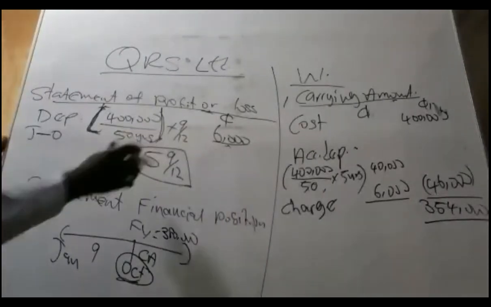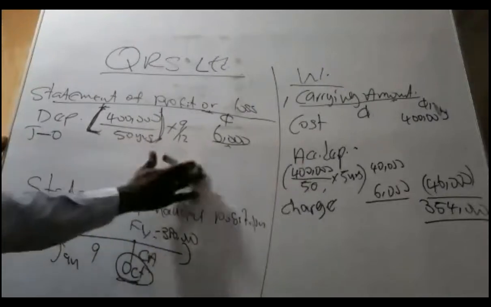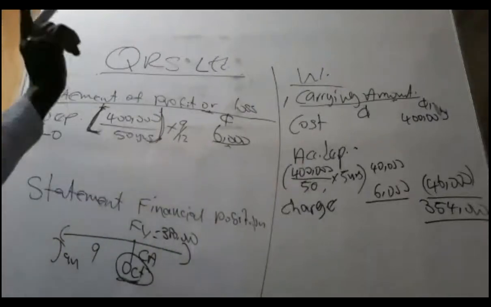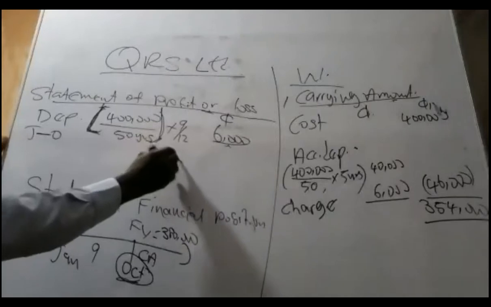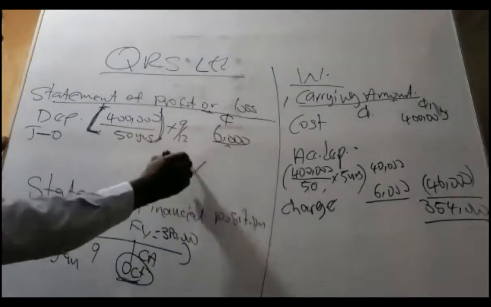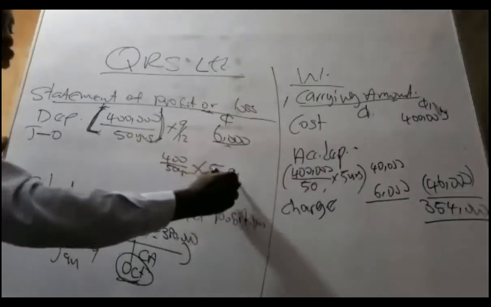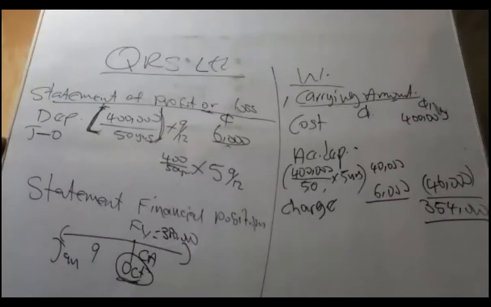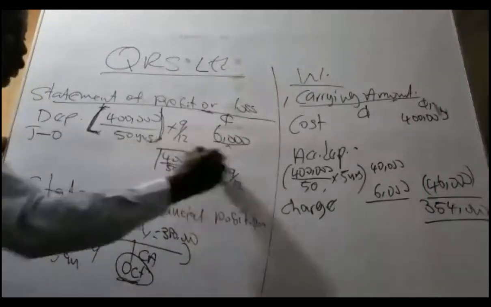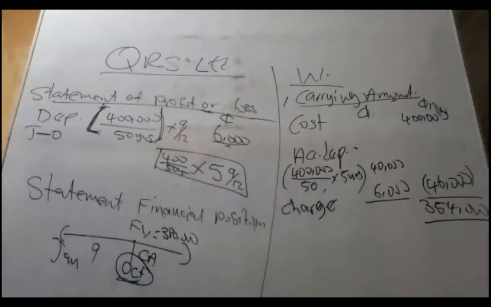So to get a total 46,000, all I'll tell the examiner is this. I will calculate depreciation for a year, which is 400 divided by the 50 years, now times 5 whole years, 9 out of 12 months. So this one alone can also result in the following. Then you are done.